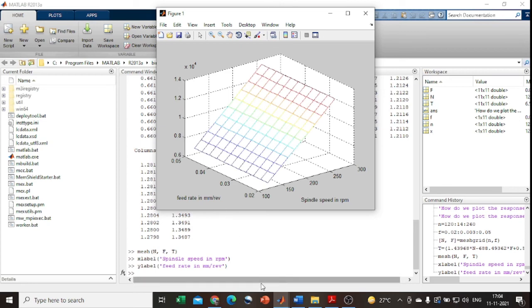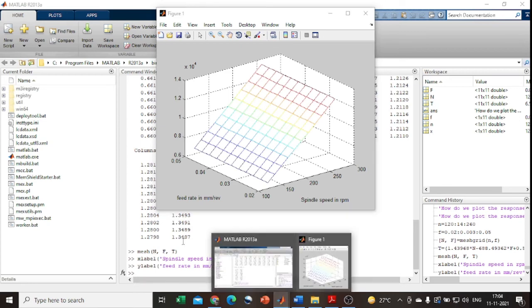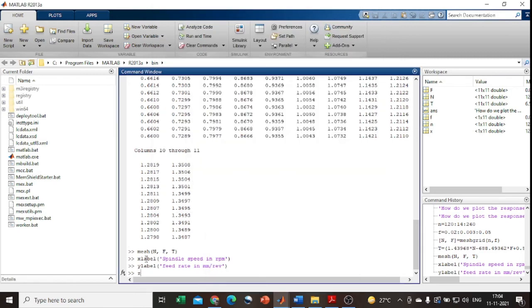How can I give it? Yes, let's see, zlabel, quote. In the z-axis I considered thrust force. The thrust force unit is kgf, so kgf, close the bracket.